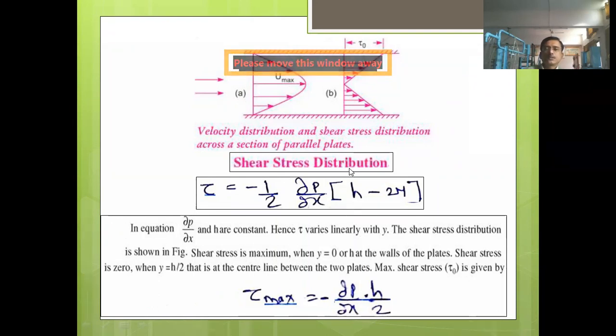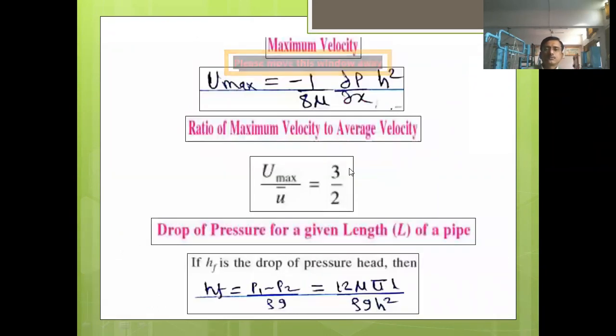Okay, should we take the next slide? Next is the maximum velocity. Equation for the maximum velocity: u max is equal to minus 1 upon 8 mu del P upon del x into h square. This equation is analogous to the maximum velocity for the pipe flow. We saw a similar equation in pipe flow.